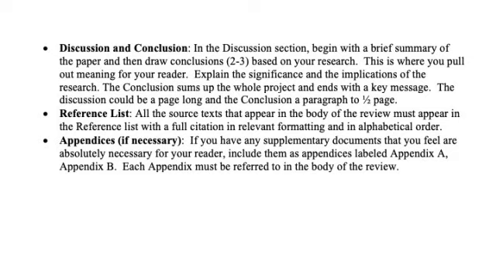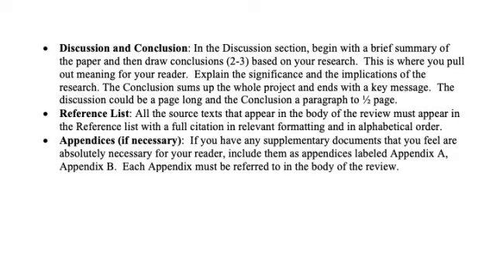This is where you pull meaning out for the reader and you explain the significance. The conclusion sums up the whole project and ends with a key message. Again, I've said it could be a paragraph to half a page, but it really is dependent on how much you have to say. But this is what the reader wants to know: what do you think of this study? So make sure you pay attention to that section.